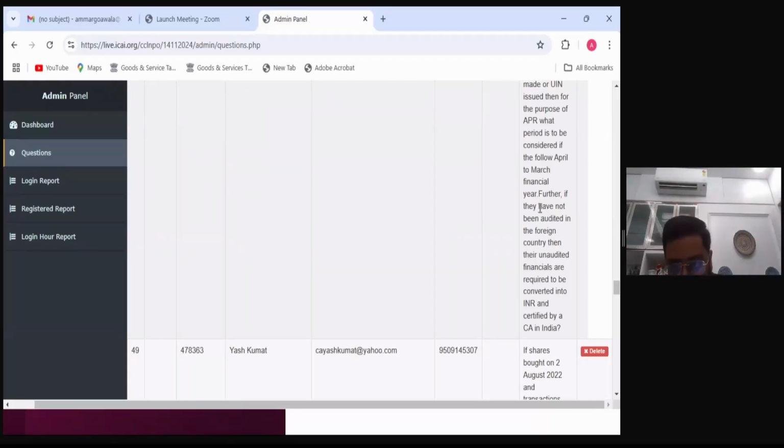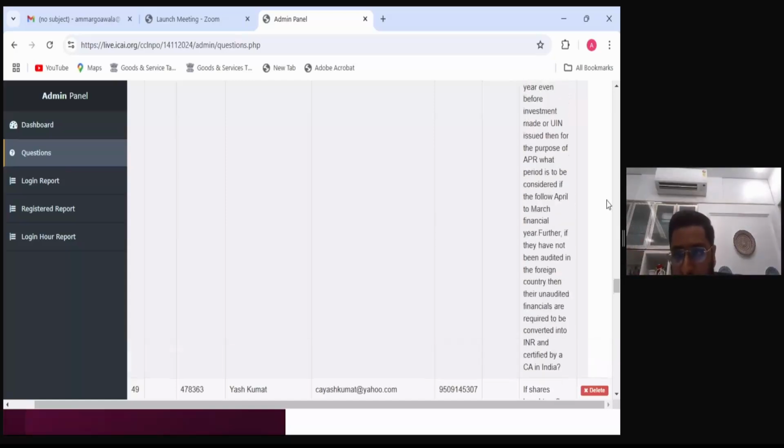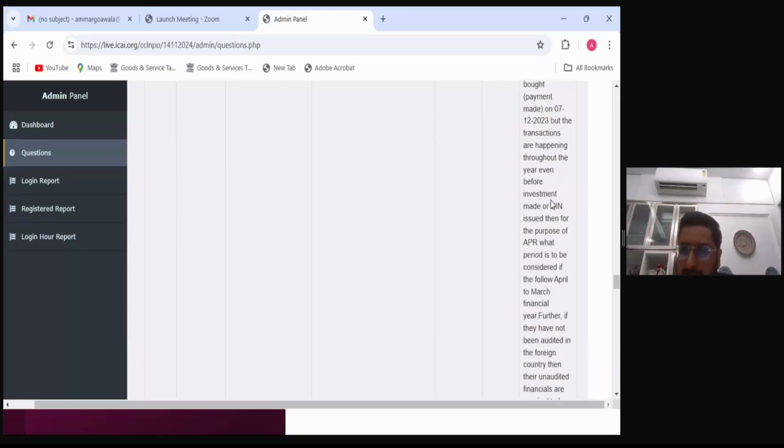We are not entitled to do that. So if an audit is a must for the foreign entity, it has to be done by the auditor of that country only. And with respect to UIN, when you do the first transaction, the UIN will be automatically generated. So I don't think there should be a problem.